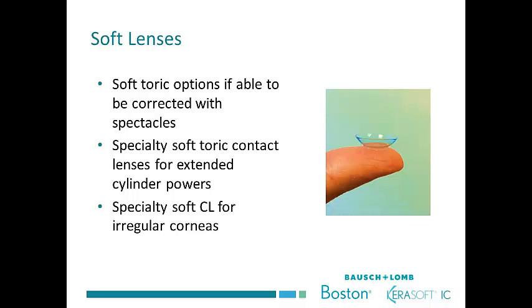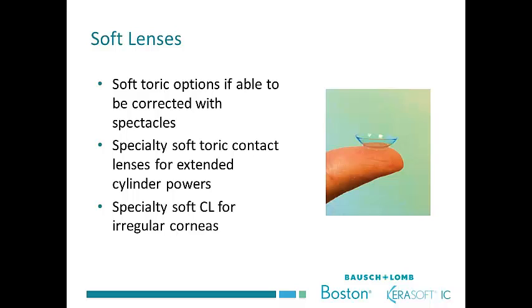Soft toric lenses are an option for patients, and these are just the regular disposable soft torics off the shelf in those early or mild cases of keratoconus or mild corneal irregularities. Your patients will likely be successful with a soft toric contact lens if they're able to be effectively corrected with glasses or spectacles.